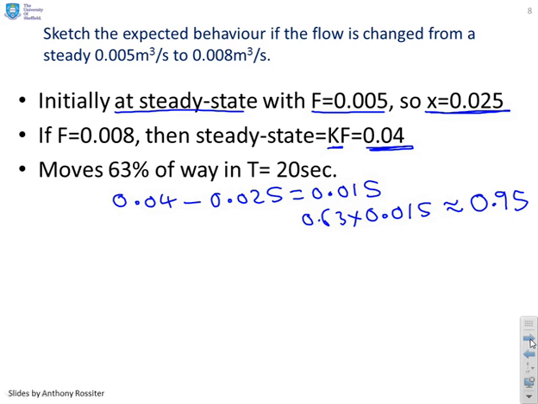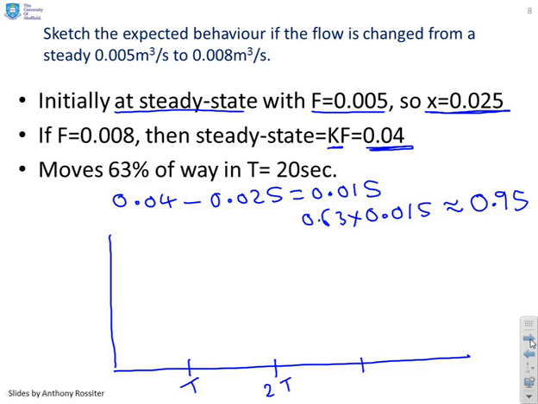So next, let's do this sketch. What we do, we put some axes down. Now you can use proper graph paper if you want, but the key thing is we can have one time constant, two time constants, three time constants, and so on. We know we start from 0.025.